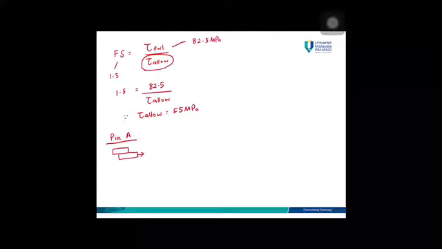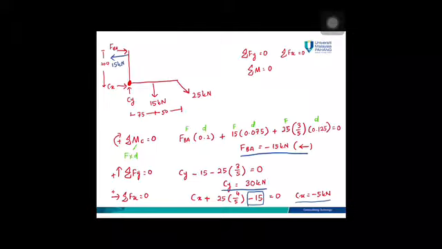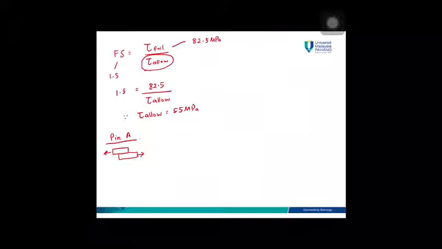The V is equal to V here at pin A. At pin A, you already calculated the FAB. Remember the internal forces here, FAB. So the V, tau is equal to V divided by area. The V here is actually FBA or FAB.